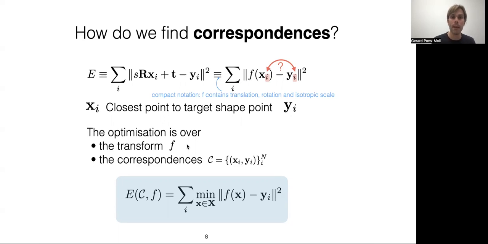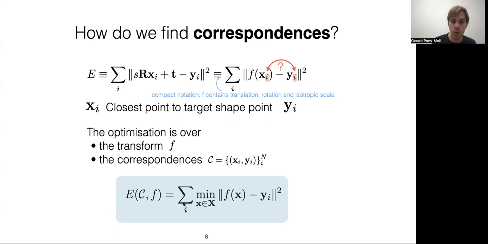So truly, the optimization is not only over the transformation f, but is also over the correspondences, this set of correspondences xi, yi. So for every point in the target, we need to find the correspondence xi in the source. So the optimization problem truly is over these two quantities: one is a transformation f, and the other one is the set of correspondences c.